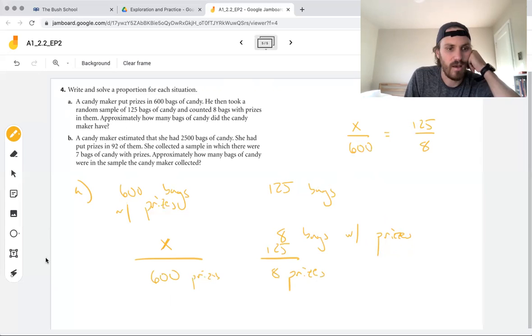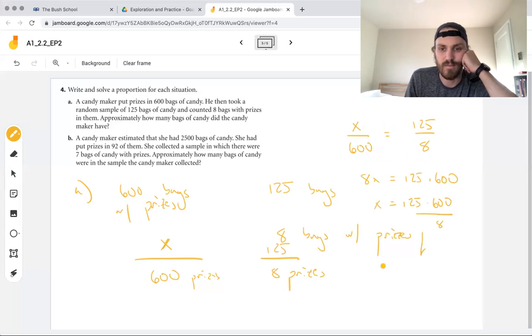Okay, again, I suggest using the cross products property, which says you can multiply these two and multiply these two. So I think that might be a good idea. So if we do that, we will get 8 times x is equal to 125 times 600. Okay, so then x should be 125 times 600 divided by 8.